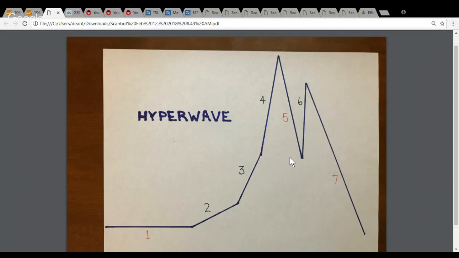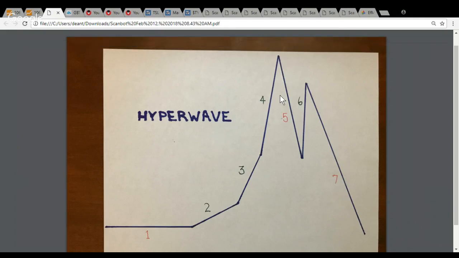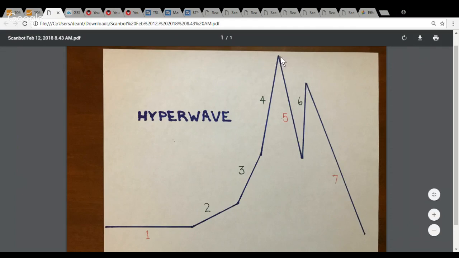So the answer to the question is phase 5 can be very short and sharp. I've shown a number of examples where that's true in the past. But then it restricts phase 6 as being very short and sharp. Why? Because phase 6 can never get above phase 4, ever.